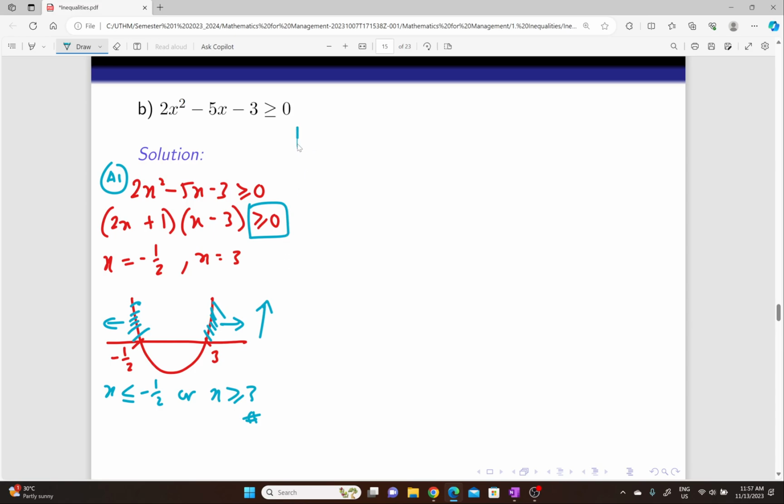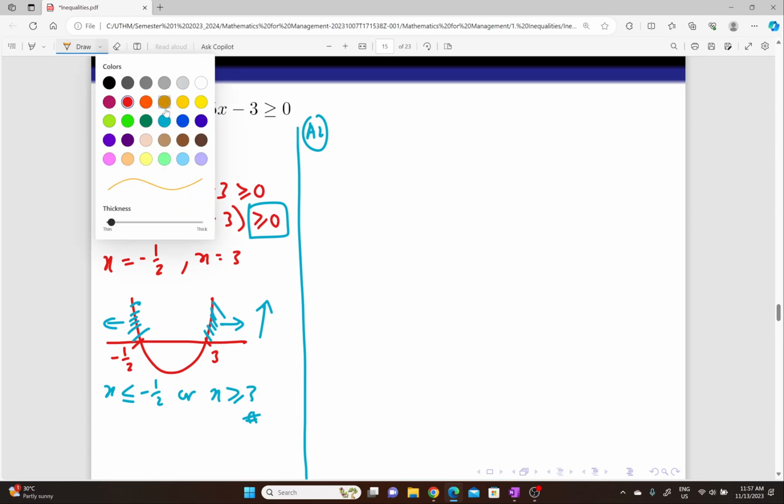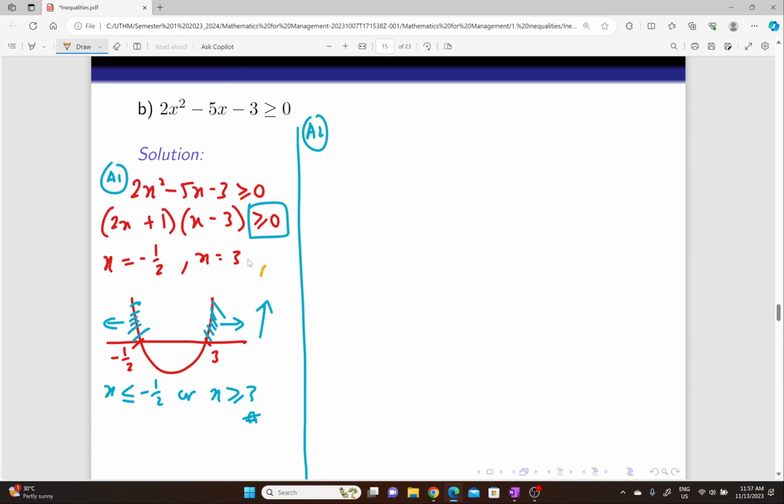Alternative, we have this, we already factorized here, this one I'm going to write it here.